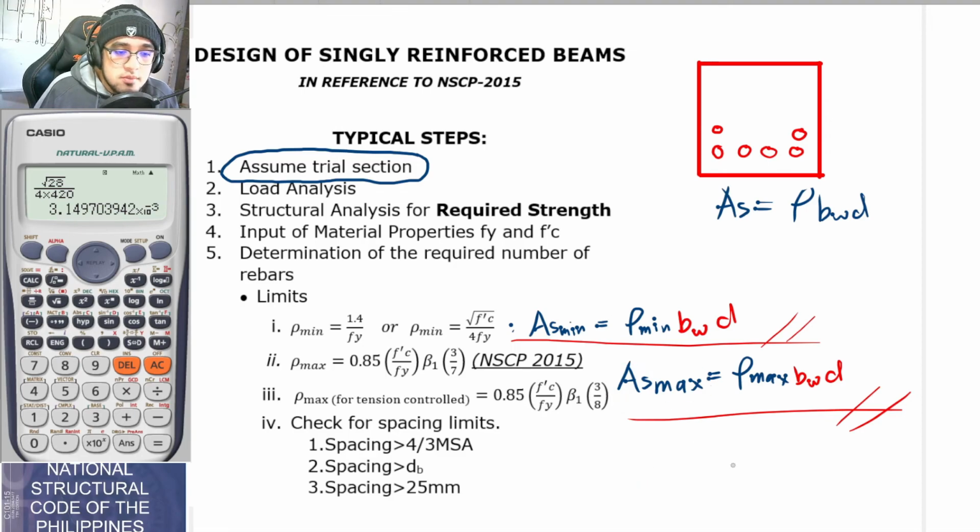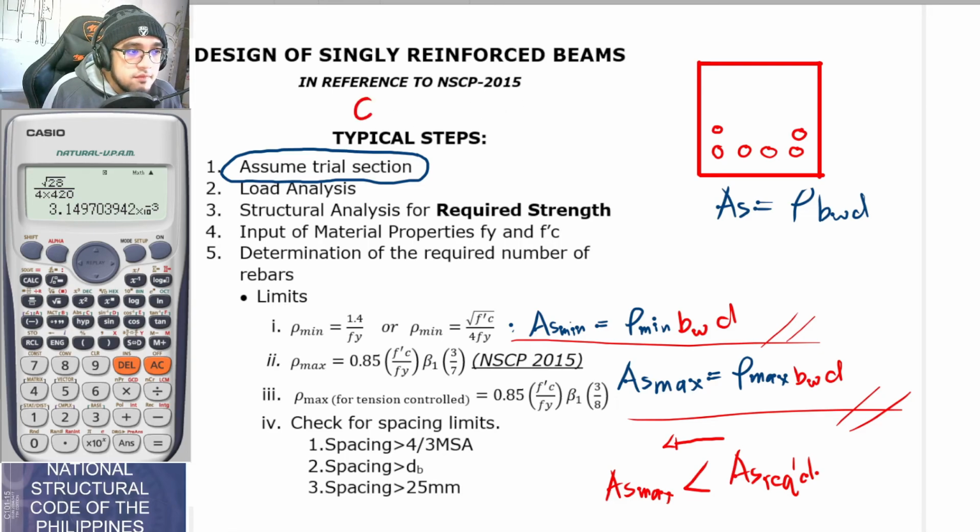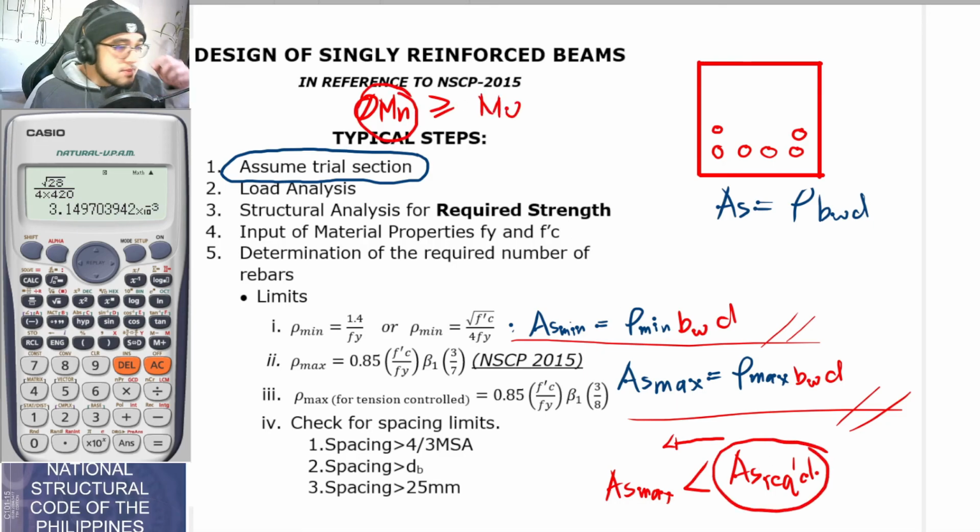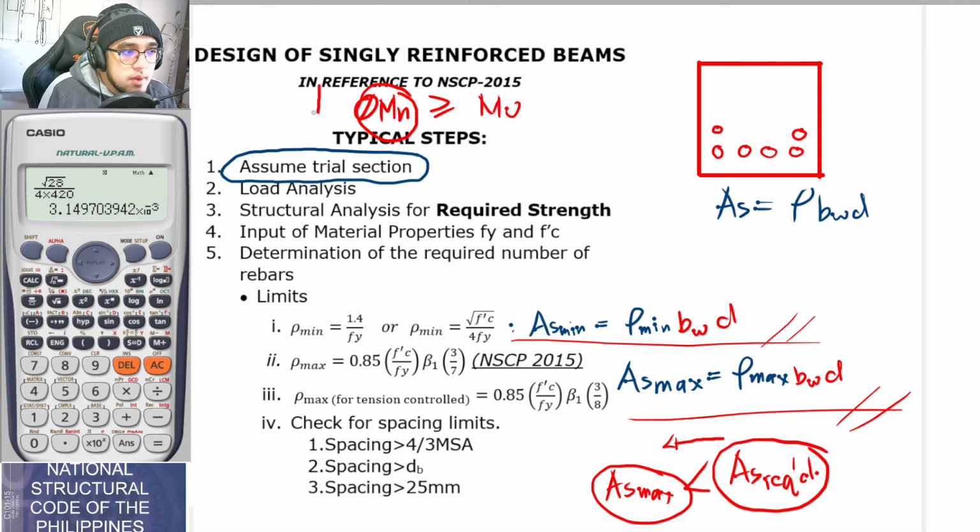Because let's say that this is your As required, which is what we need, and let's say that it is greater than your As max. Then if you would be rounding them down, in your equation, once again, phi Mn should be greater than or equal to Mu. So this As required has been solved using phi Mn, using of course your Mu. But if you would be rounding them down, your phi Mn would now decrease, which will result in inadequacy. That is no longer true, because Mu is now higher than phi Mn.